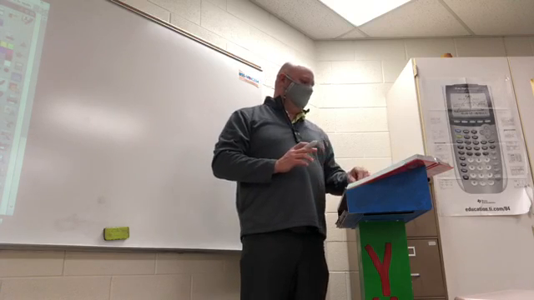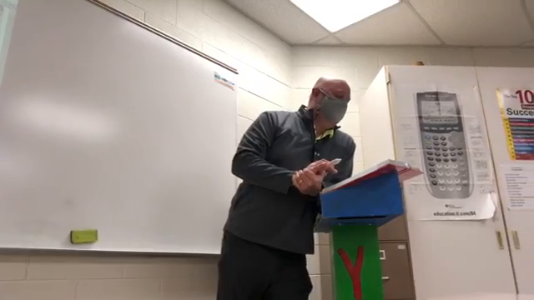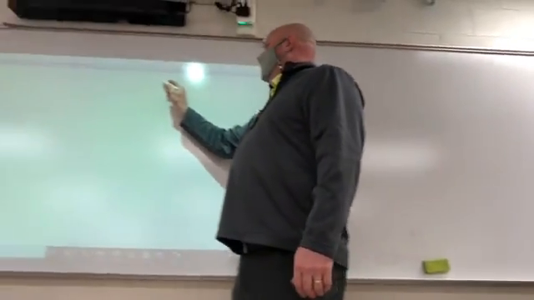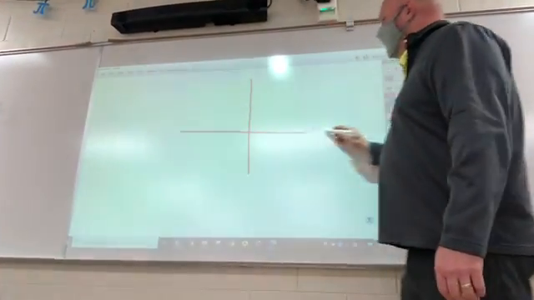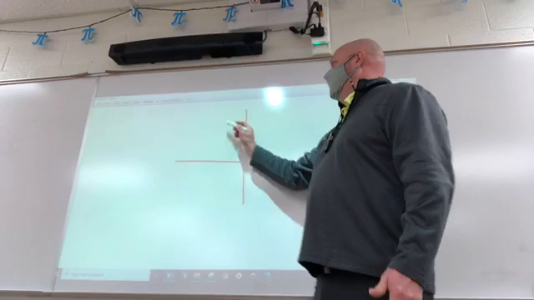The next two sections were all about slope. Again, I think you guys kind of have these mastered. Make sure you can do, I can guarantee you there's going to be a question on the test where I give you a picture of a line.